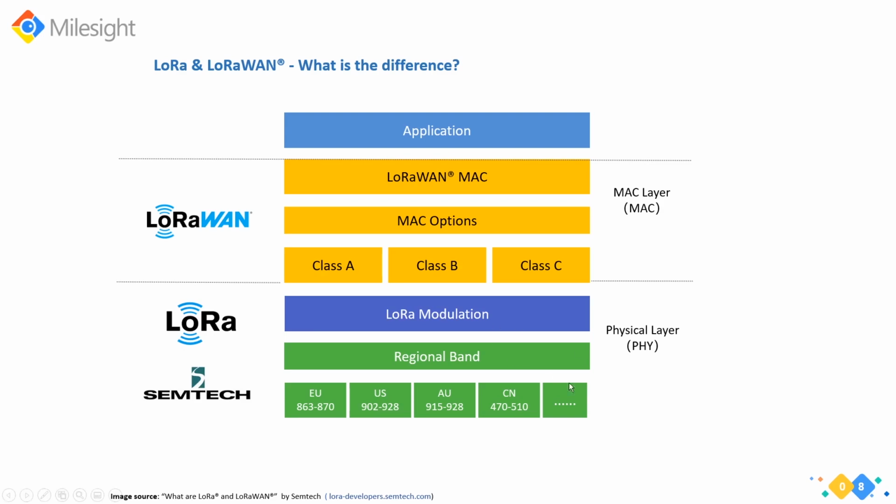Then in the yellow part, that is what LoRaWAN does. That is the MAC layer. It means Media Access Control layer. And in this layer, it does all the security features in LoRaWAN.